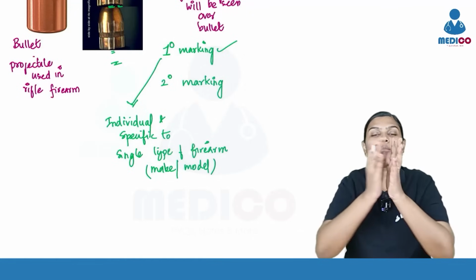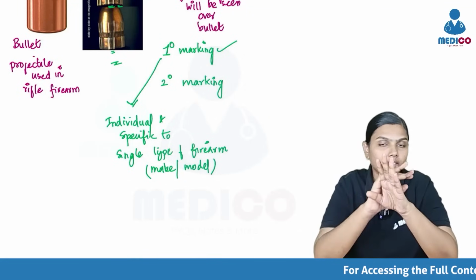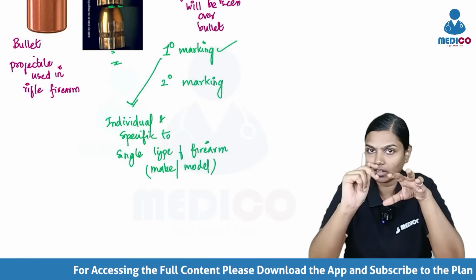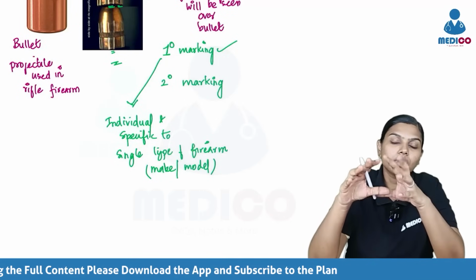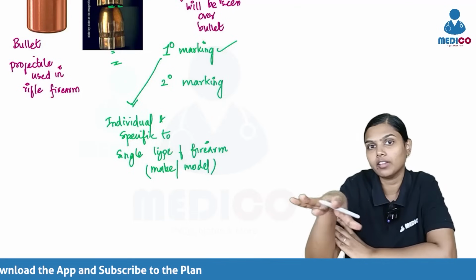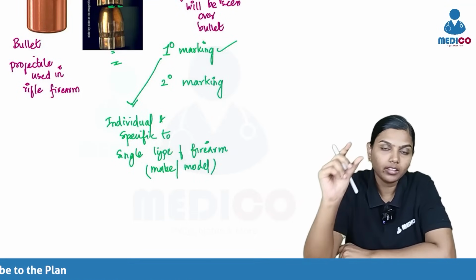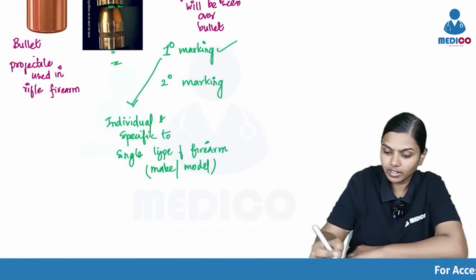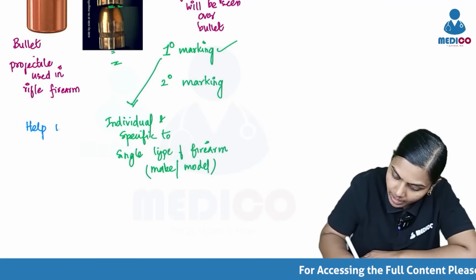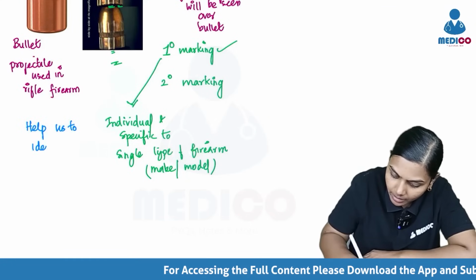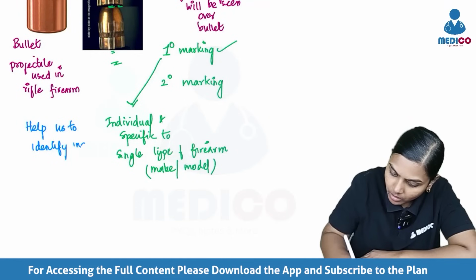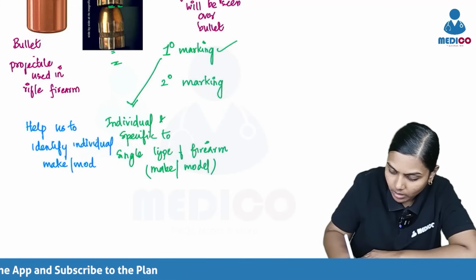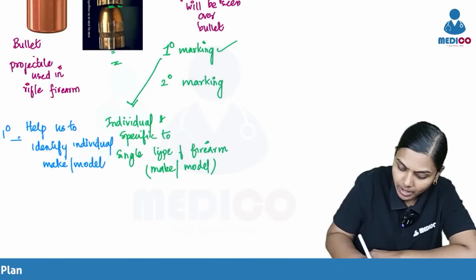If in a batch they are making 10 guns, all these 10 guns will cause the same primary marking. If you are analyzing fired bullets from all these 10 rifles, the primary marking will be similar. So primary marking will help us to identify the make and model. Okay, so this is for primary marking.